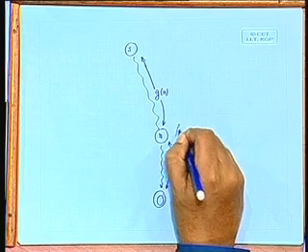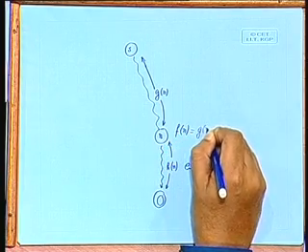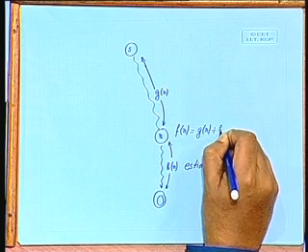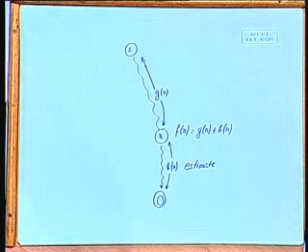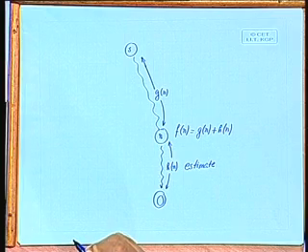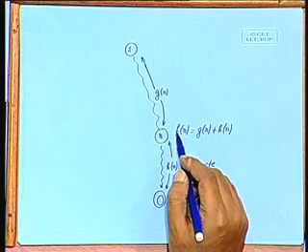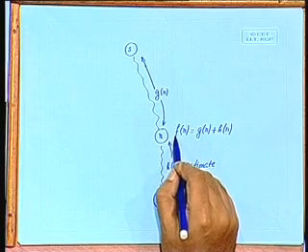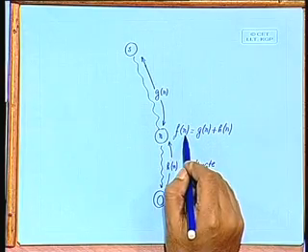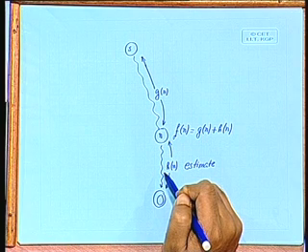I will maintain F(n) as the sum of G(n) plus H(n). And what does that give us? It gives us the cost of the best solution that goes through n.